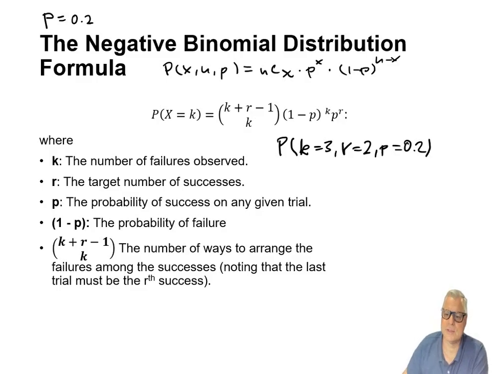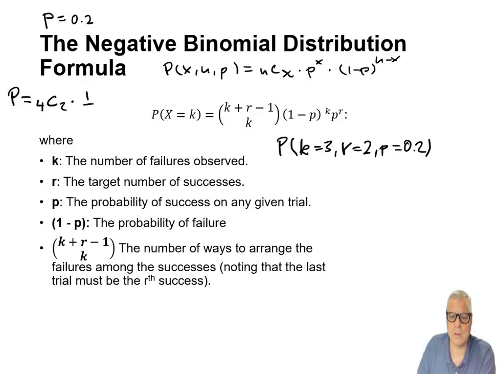Now the formula would be 4 choose 2, I'll just write it like this, times the failure probability raised to the 3, times the success probability.